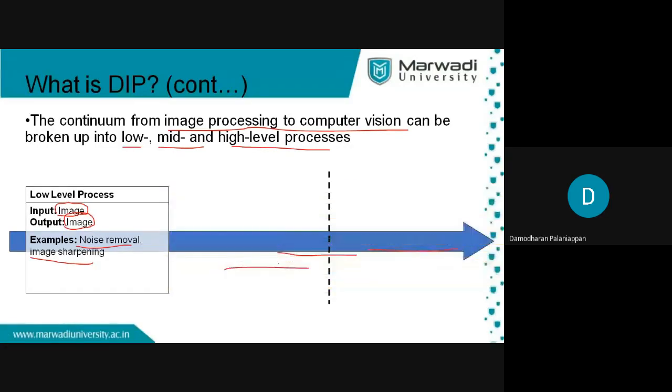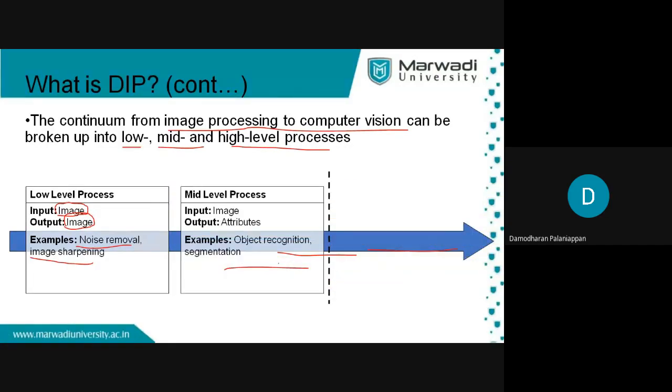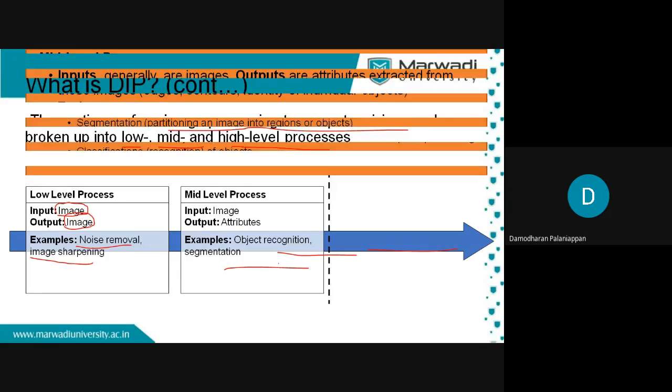Okay. Next we go to the next level, the mid-level process. In this mid-level process, we take an image, and the output will be the attributes, a small part, a subset of the image, for object recognition and segmentation.